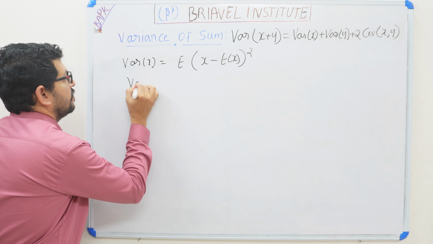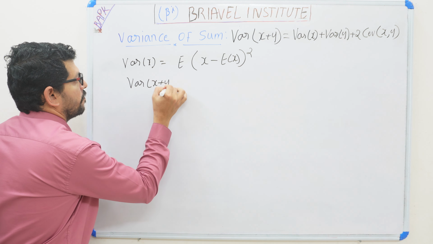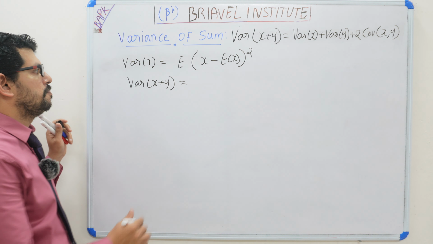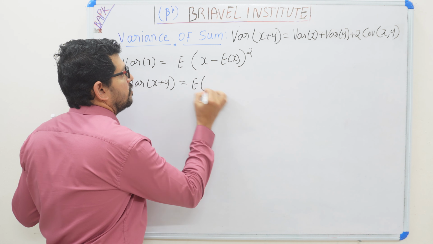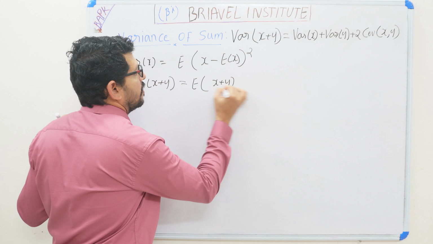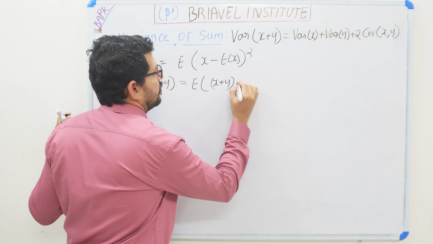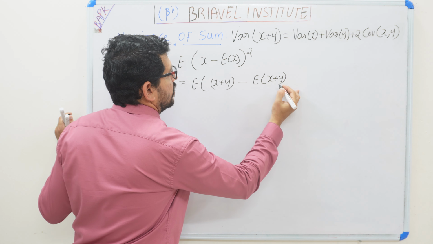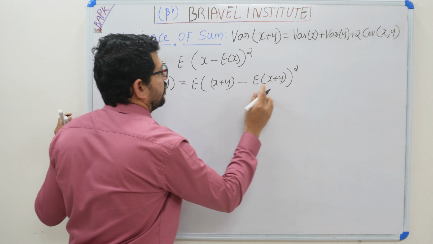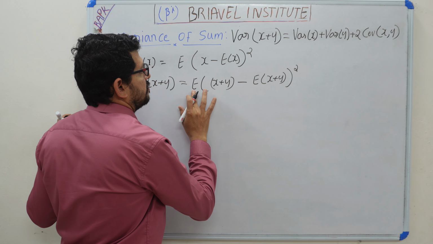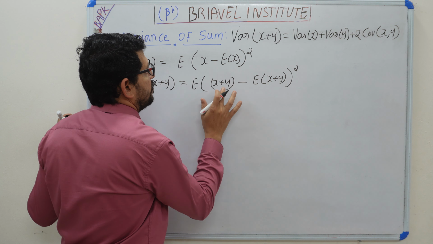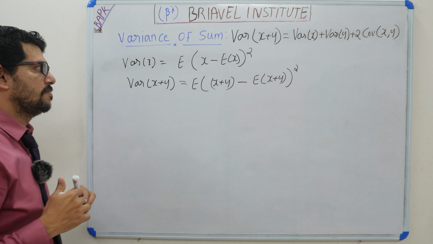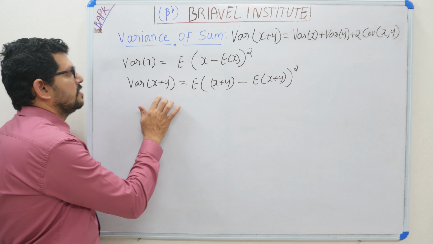In the same way we can write the variance of x plus y: expectation of x plus y minus expectation of x plus y, all squared. So this is the variance of x plus y.